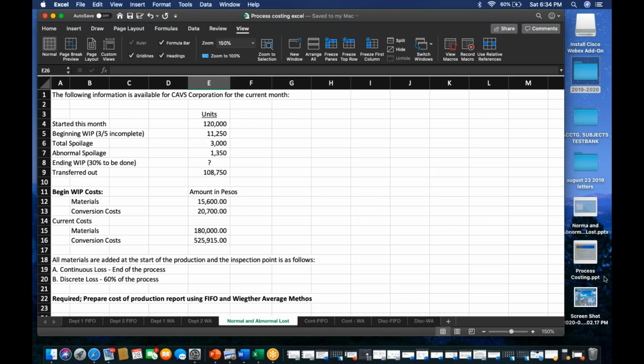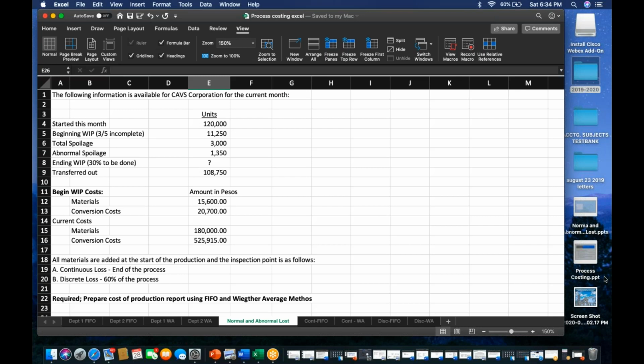This is the comprehensive problem for lost units, normal and abnormal loss. The following information is available for Cubs Corporation for the current month. We have started this month 120,000. The beginning work in process is 11,250.